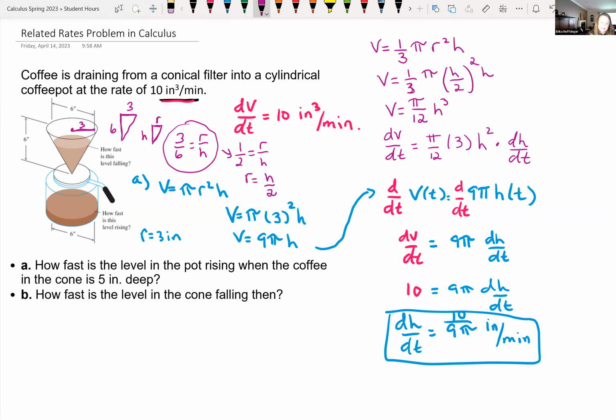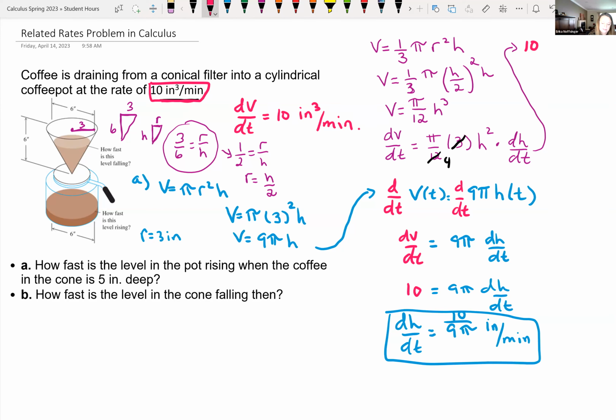So let's simplify this. 3 goes into there 4 times. We know what the height is there. Height is 5. So we get that dV/dt, and the rate of change hasn't changed. It's still changing at a rate of 10 inches.